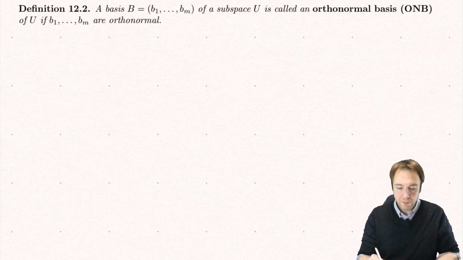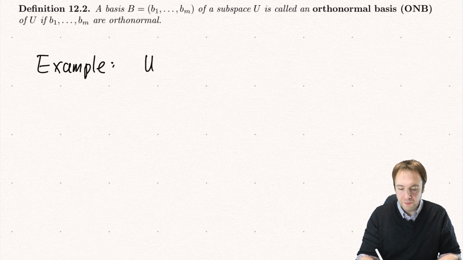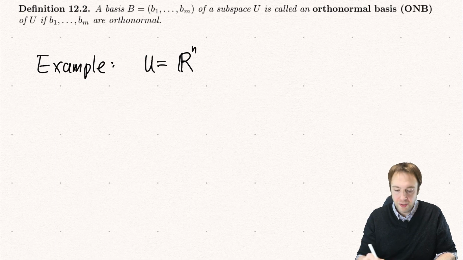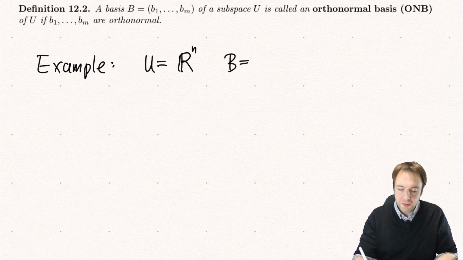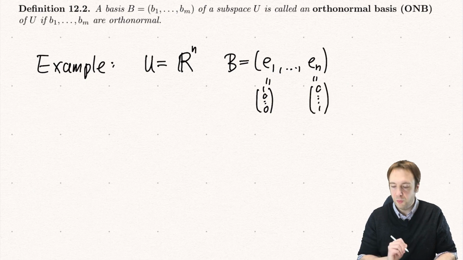So what is one example for this? For example, if I take U to be the whole space, what is a basis we can always write down for Rn? It's this standard basis where we have this vector e1 up to en. So this here is a vector 1, 0, 0, 0, and this here is a vector 0, 0, 0, 1.